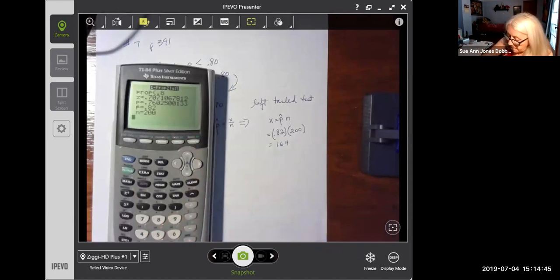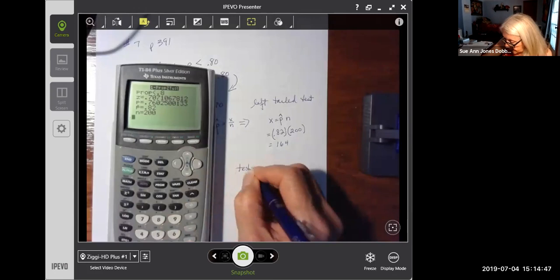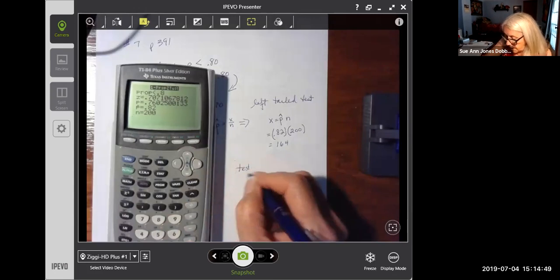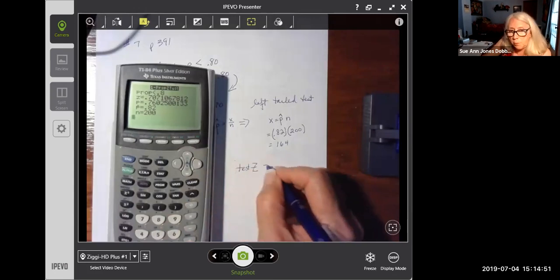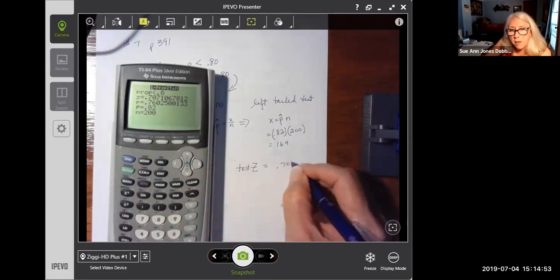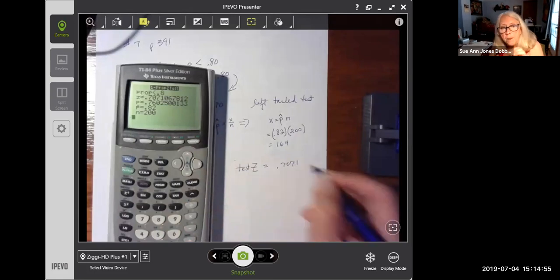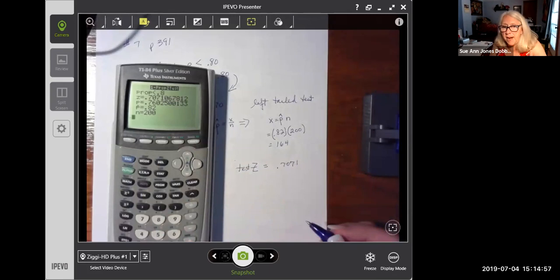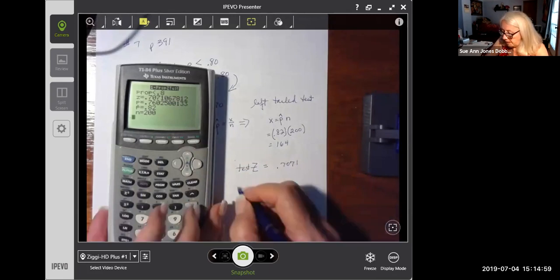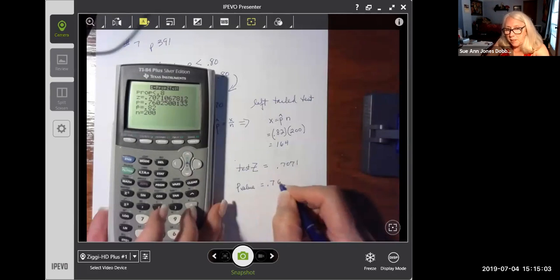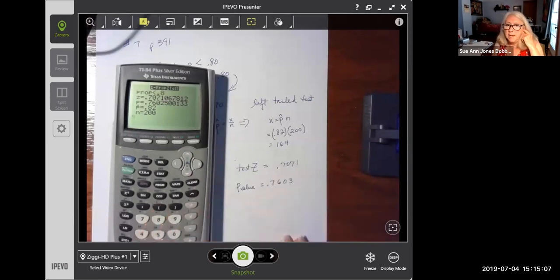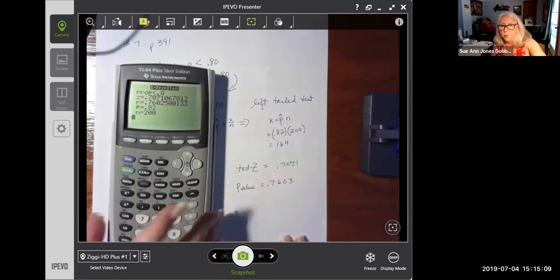And this is what I get. My test statistic, which is a Z, is equal to 0.7071. But we're not going to use that as our comparator. We're going to use the p-value, right? And our p-value is 0.7603. Again, I made that into 4 decimal places.